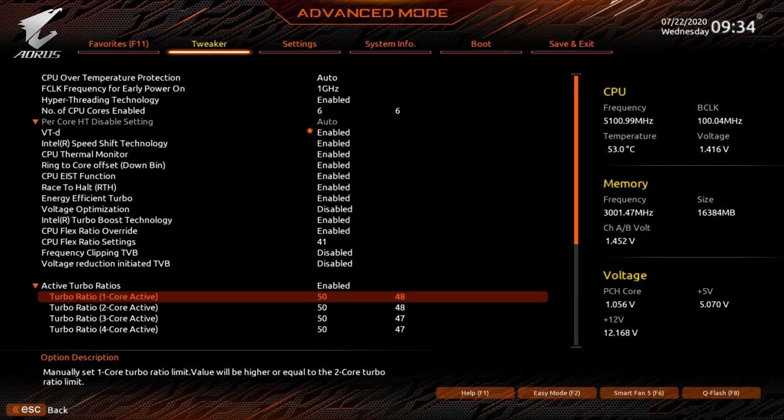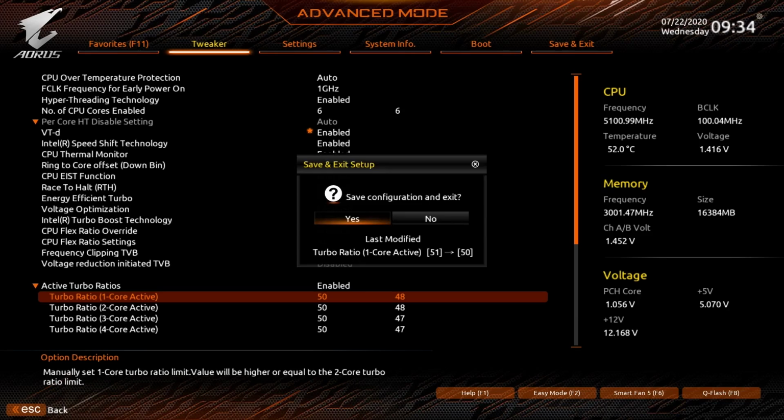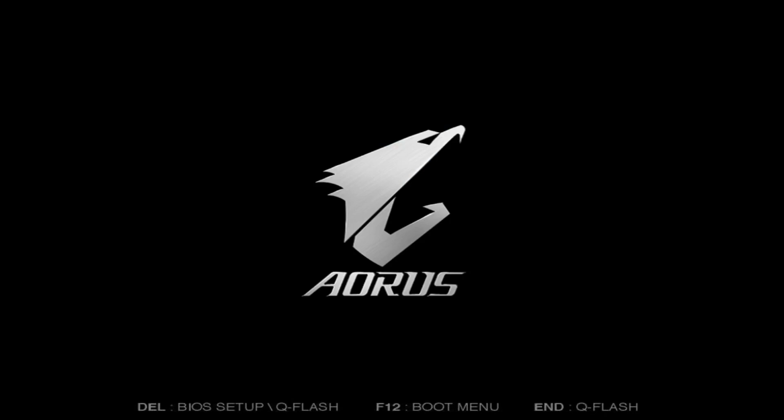So we're gonna try and go down to 5 gigahertz, which is still a respectable overclock. And again, since this isn't going to be my PC, we want to be very safe. So we'll try 5 and we'll run prime again.